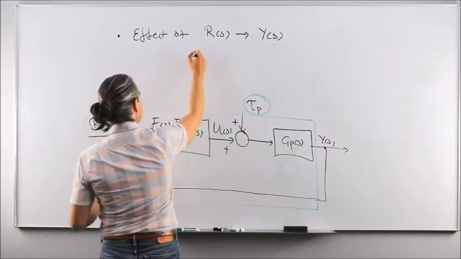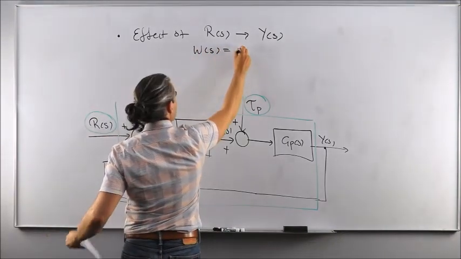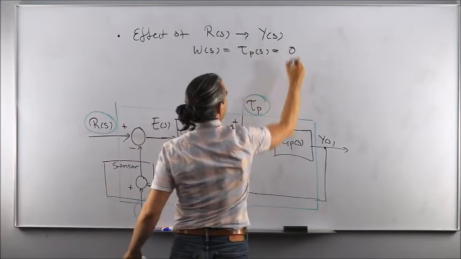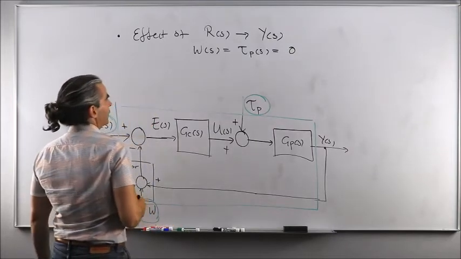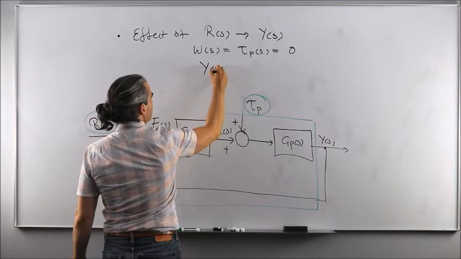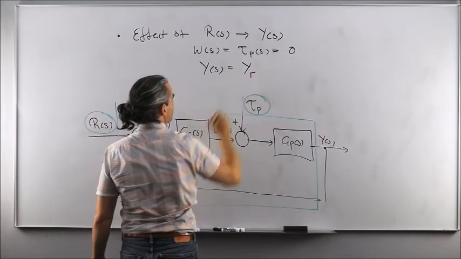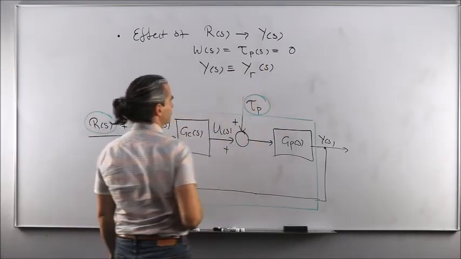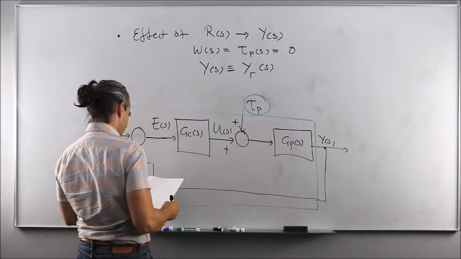It means that we will set the noise equal to perturbations equal to 0. And in that case, we will denote our output as being output due to the reference signal R only. Okay? Y of R in S domain.